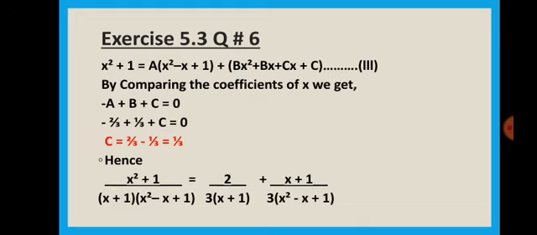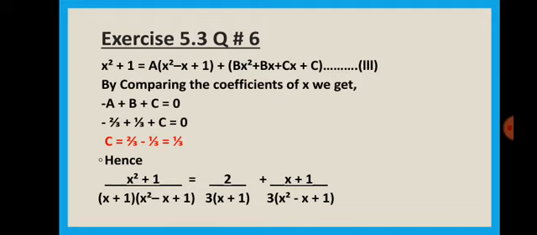The value of a is 2 over 3, so minus 2 over 3 it becomes, and the value of b is 1 over 3, and the value of c is to be calculated. So the equation becomes c is equal to 2 over 3.